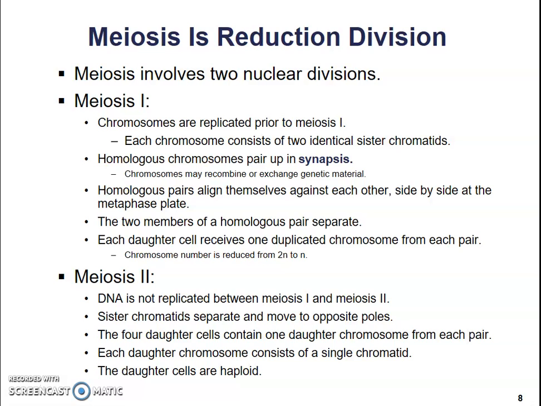In meiosis 2, the DNA is not replicated. Okay, big difference there. The sister chromatids separate and move to opposite poles, and we get 4 daughter cells that contain one chromosome from each pair. So each daughter chromosome consists of a single chromatid, and they are haploid. They don't have the 2 sets. They have 1 set of chromosomes.